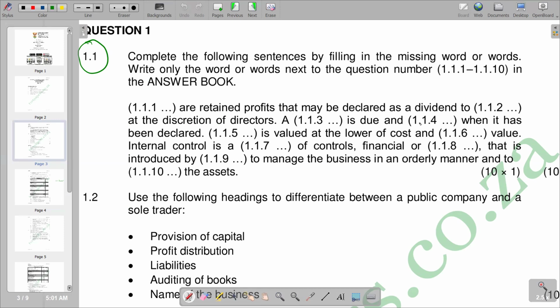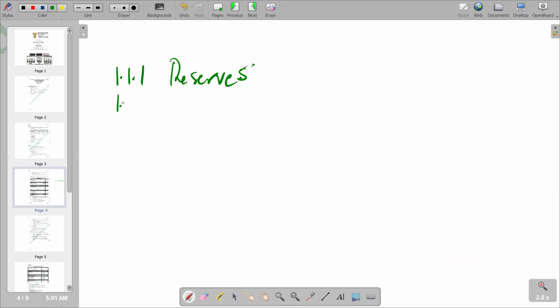The share of profit that they enjoy for owning the business is called a dividend. So obviously, they are declared to shareholders. So for 1.1.2, we have shareholders. Then we move on to the next part of the question.